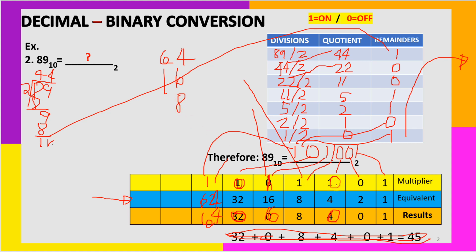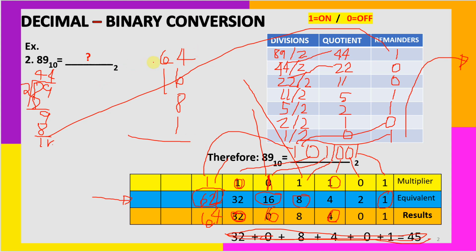Next on digit is 1. You count only the on digits: 64, 16, 8, then the 1. If this is 89, then our answer is correct.